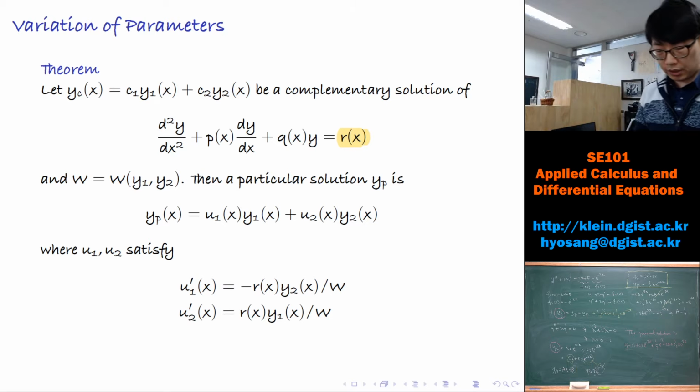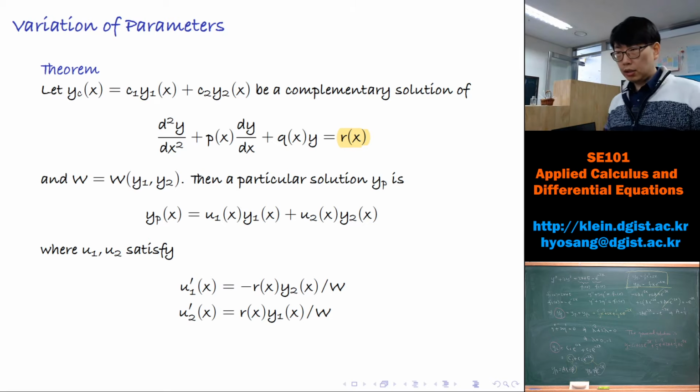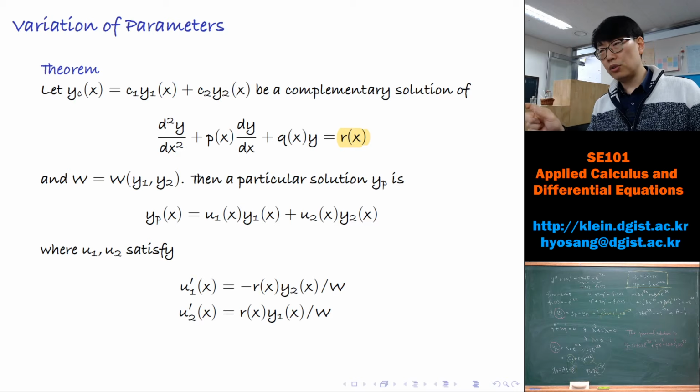You recall what the Wronskian is: the determinant of a 2 by 2 matrix with specific entries, and we use that Wronskian to find out whether two functions are linearly independent or dependent.